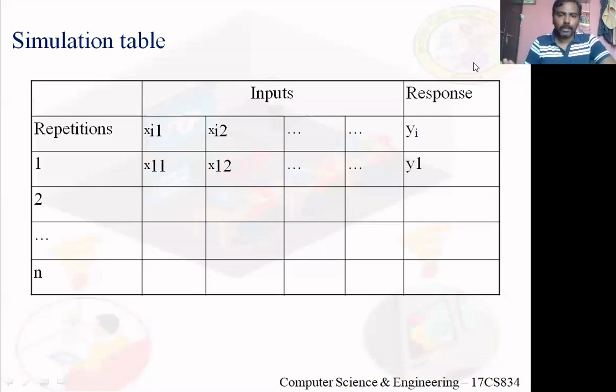Clear? So in that case, let there be xi3, and let xi3 represent when the ith customer will depart from the system. Got it? So suppose xi3 represents the departure time of the ith customer, then what will x13 be? When is the first customer going to depart?